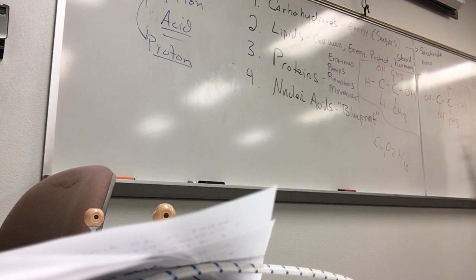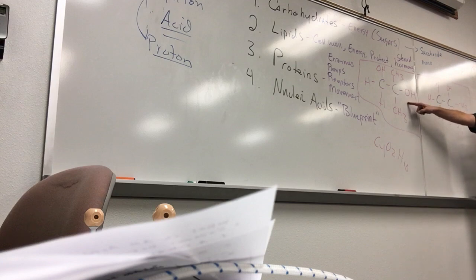C4O2H10? Let's see, I should have two methyl groups, right? 1, 2, 1, 2. 3 hydrogen, 1, 2, two hydrogens. There we go. How's that? There we go. Now, is this the same C4O2H10? But is it the exact same molecule as this one? No. It's a different molecule, okay?